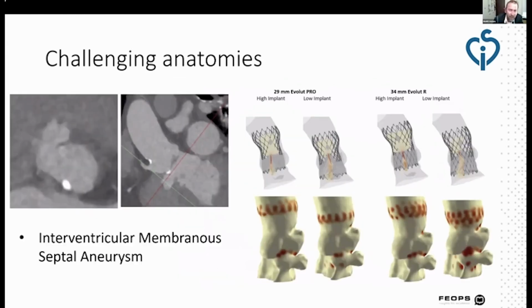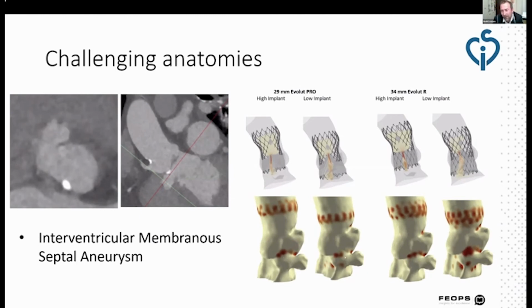And sometimes you ask yourself the question, what about patient safety? Should I really go forward with this procedure, or maybe get the heart surgeon involved? We had this case, for example, with an interventricular membranous septal aneurysm, and I was looking at the contact pressure that you see down in the pictures below.